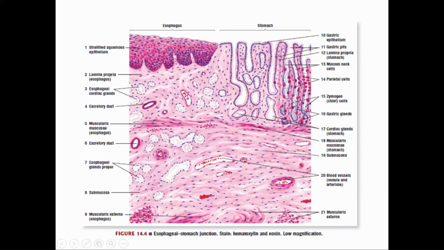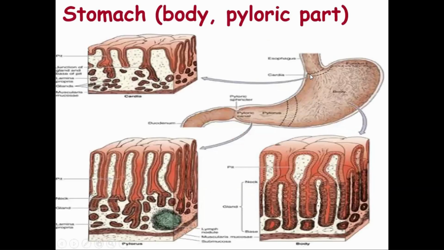Then the gastric glands are lined by three types of cells. What are those cells? Towards the neck is the mucous neck cell, which secretes the mucus. Then the parietal cells. This diagram illustrates the sections of the cardiac region.